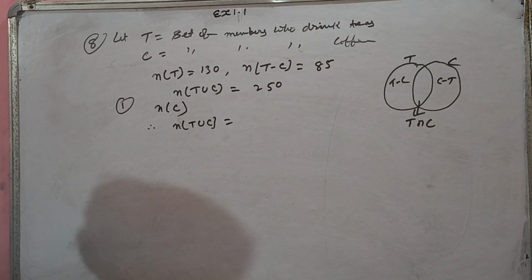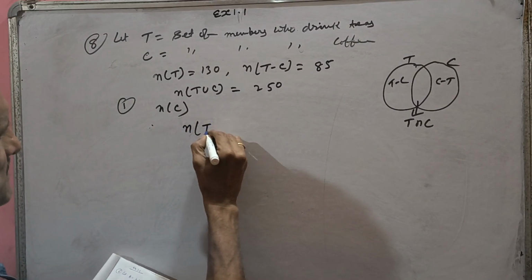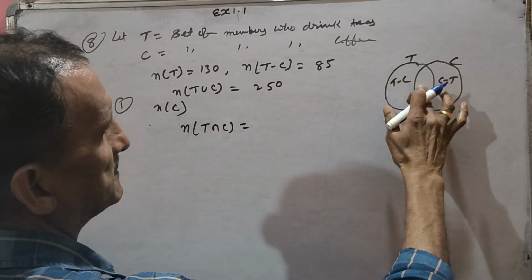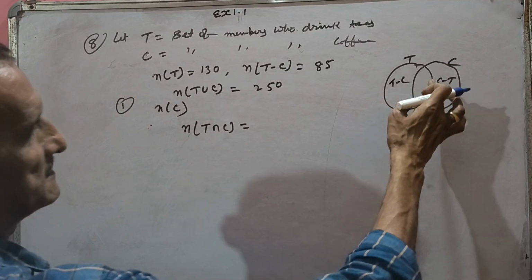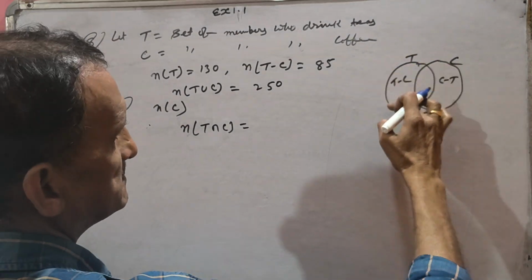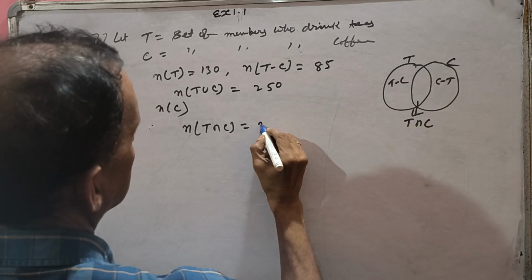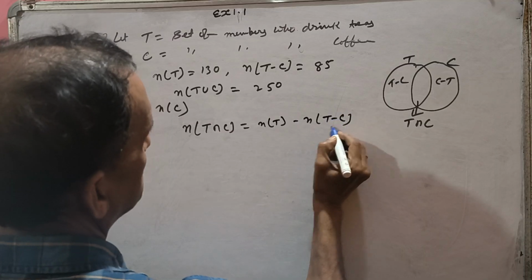And N(T intersection C) is not given. So first find N(T intersection C). How will you find this? See, this portion, how will you find? This minus this. N(T) minus N(T minus C).